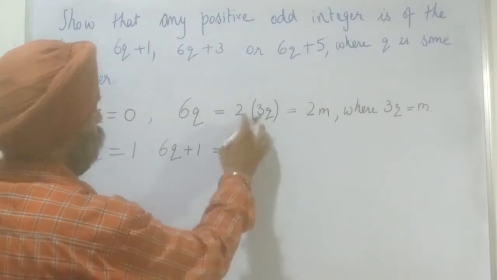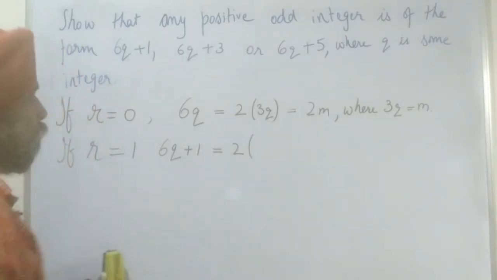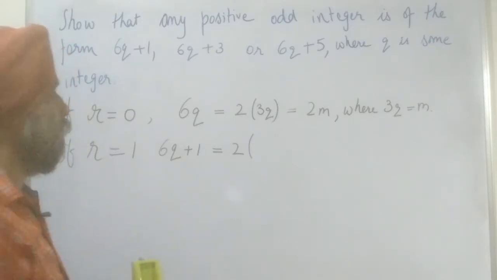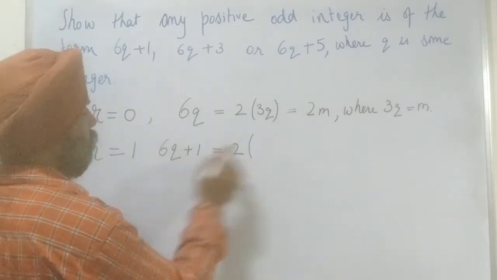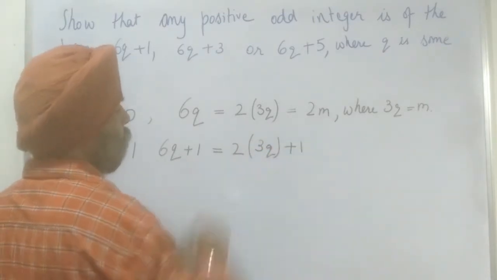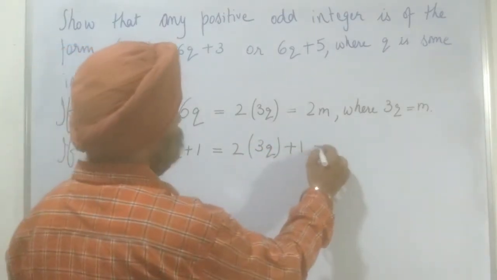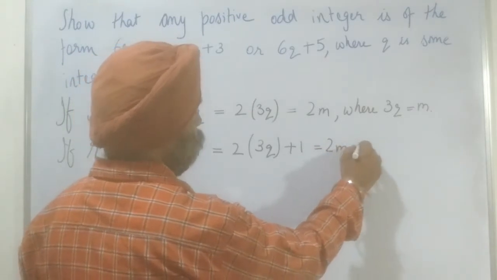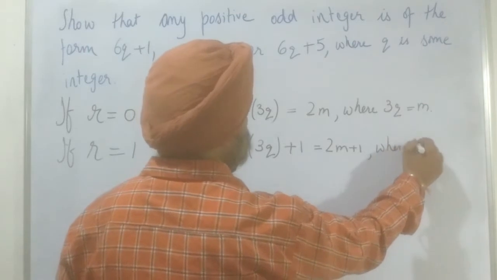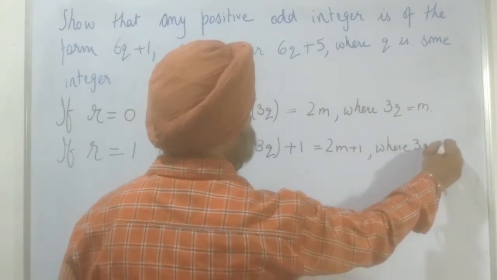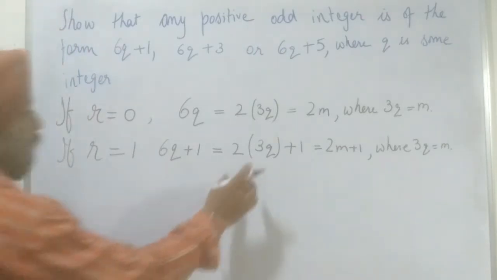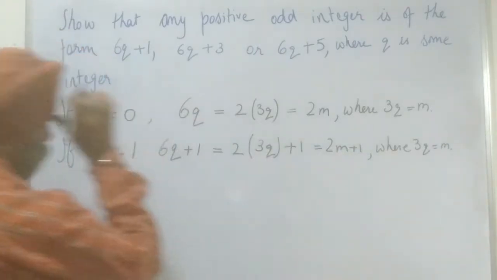Let's take the common 2, because for even we need to take it in the form of multiple of 2, right? Okay, so this is 2 times 3q, right? And plus 1. Now this is equal to 2m plus 1. Again the same thing, where 3q is equal to m. Is this clear? Okay. Now we have proved this one is equal to this one, right?